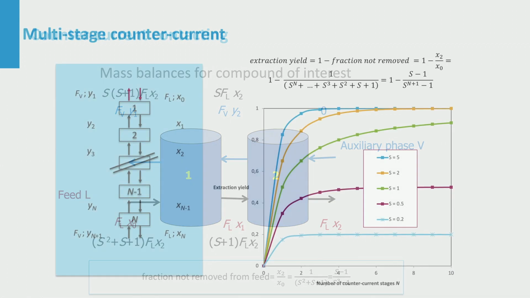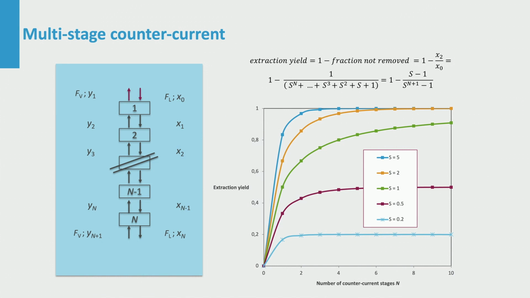When adding stages, more terms must be added into the equation, and this leads to the so-called Kremser equation. A plot of the Kremser equation shows that we can extract everything if we have sufficient countercurrent stages and if the separation factor is larger than 1.